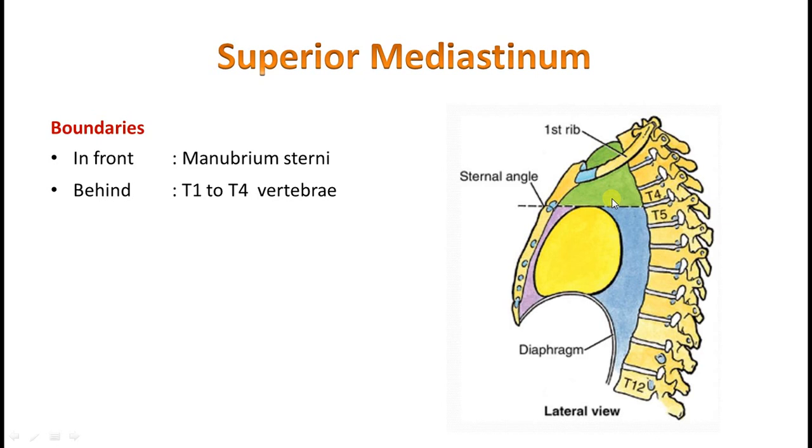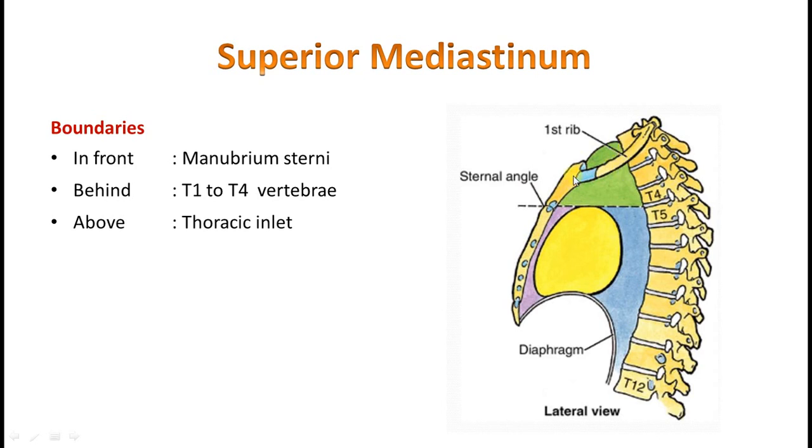Above it is the thoracic inlet, which is bounded by the upper border of manubrium sterni, the inner border of the first rib, and the anterior surface of T1 vertebra posteriorly.